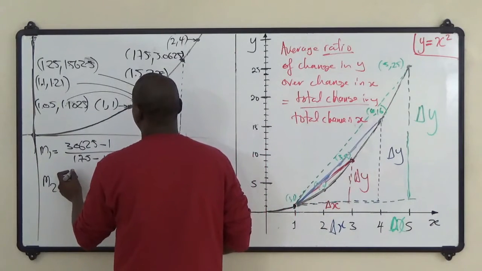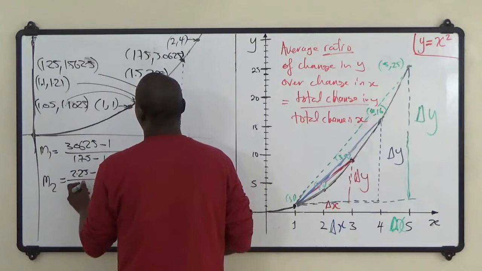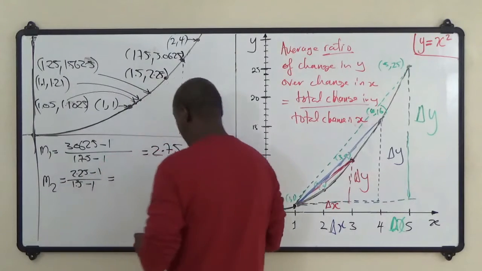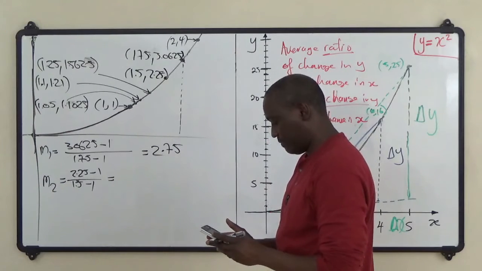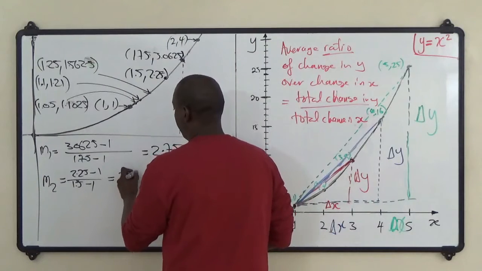Right. Now we take this point here. M2 will be 2.25 minus 1 over 1.5 minus 1. That's equal to what? 1.25 divided by 0.5 is equal to 2.5. The gradient is 2.5.